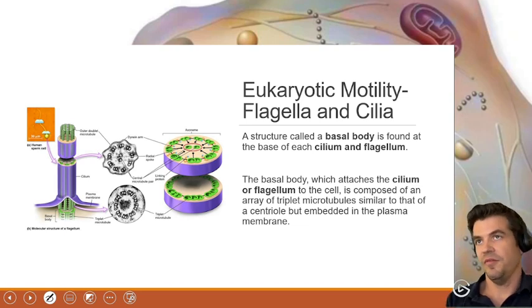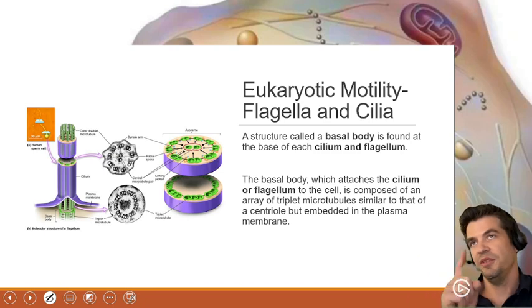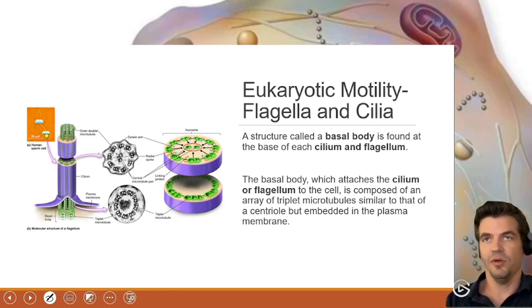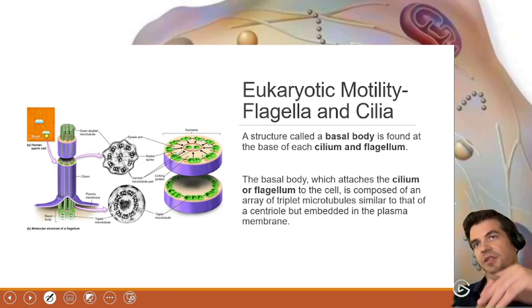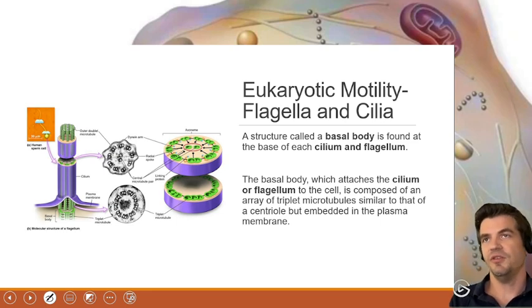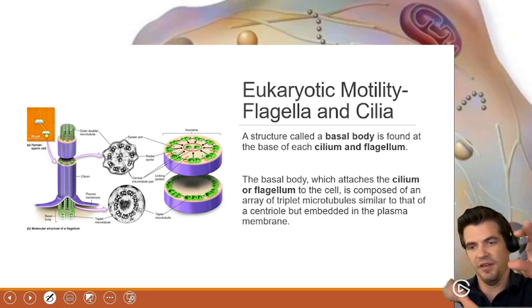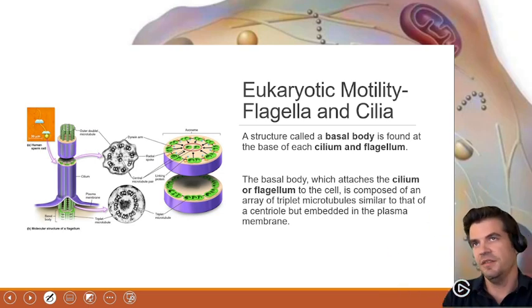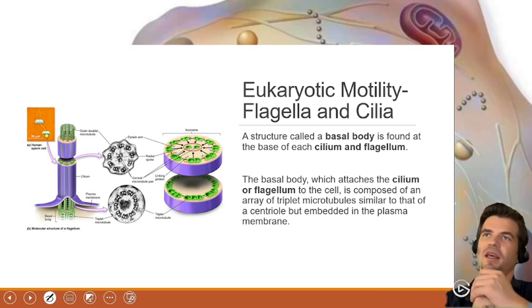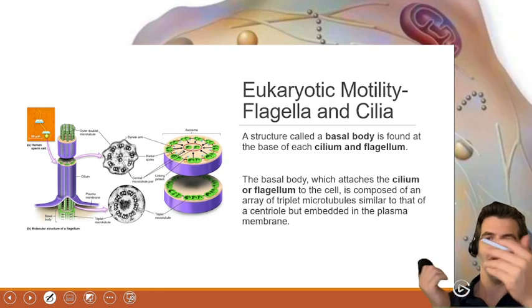They have a 9 and 2 pair arrangement of filaments, and a cilia is just a short one, and a flagella is a long one. They both need to attach to a basal body and generate some kind of spin force in order to move. The cilia has numerous ones all around its body, like the paramecium pictures, and flagella could have one or it could have several.